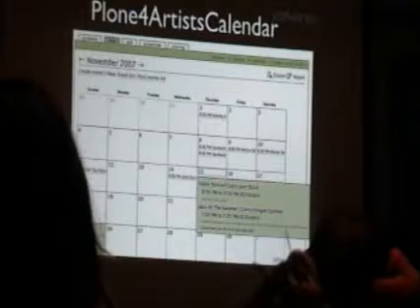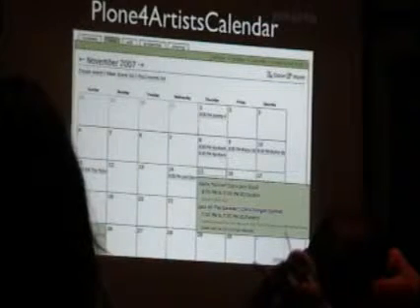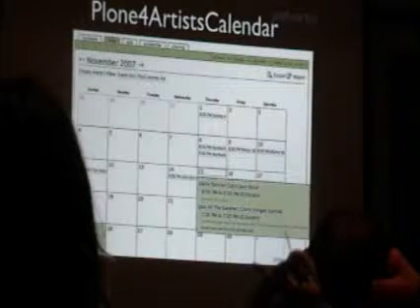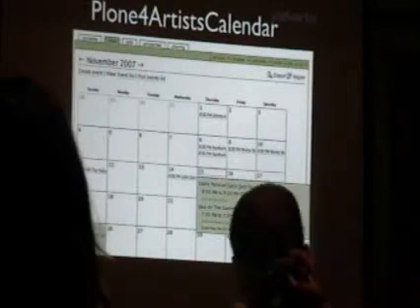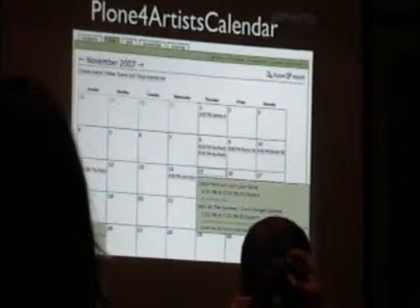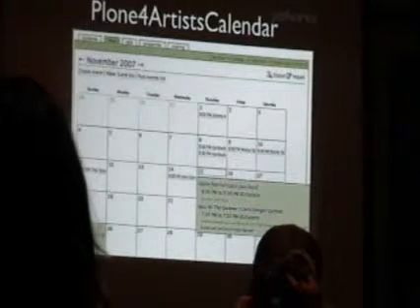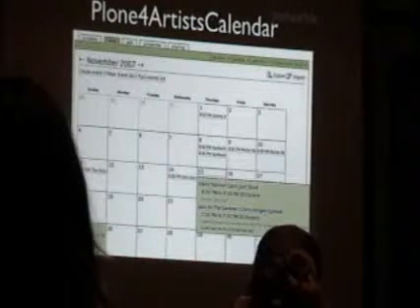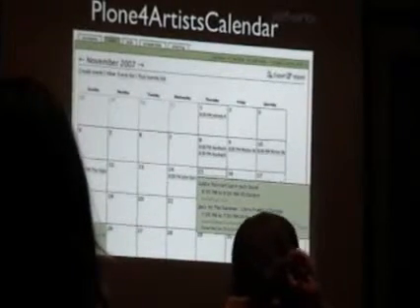It supports iCal import and export, so you can actually publish calendars that are on your desktop applications to Plone and vice versa. You can pull down events that are on your Plone site into your desktop calendaring application. It has some other things like color coding of events, so the keywords, what the event type can show up in a different color on your calendar.